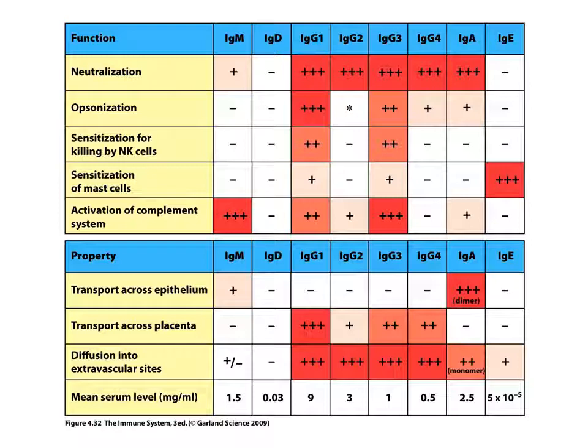And then again, if you look at opsonization, IgG is there on the top, but IgA also participates. But some other antibodies may not have any function. When we talk of sensitization for killing by NK cell, remember, body has to respond. And if you remember me saying, the very first decision body has to make is whether it's self or non-self.